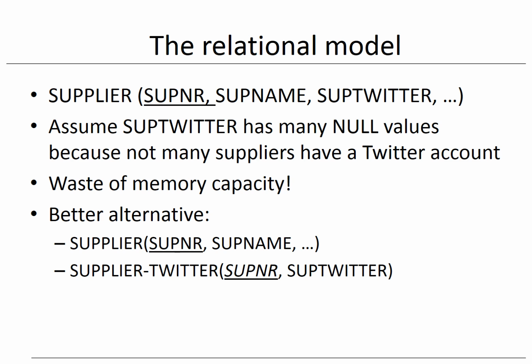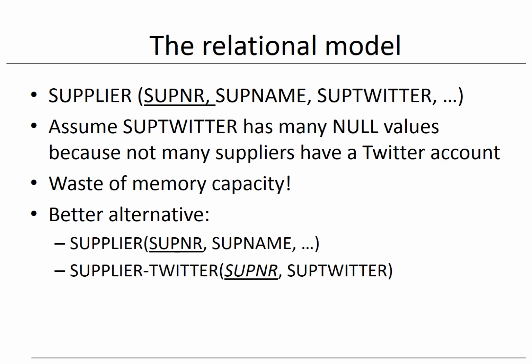Here you can see an example to illustrate the latter. Suppose we have a relation supplier with attribute types supplier number, supplier name, and sup Twitter, which refers to the Twitter account of a supplier. Let's now assume that sup Twitter has many null values because not many suppliers have a Twitter account. Hence, keeping it in the supplier relation implies a waste of memory capacity.